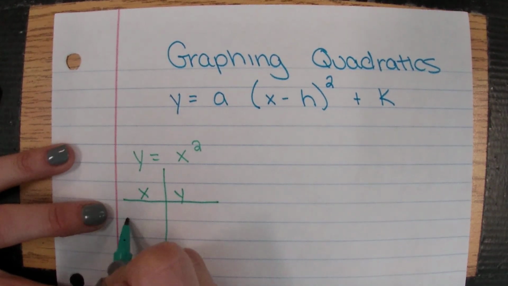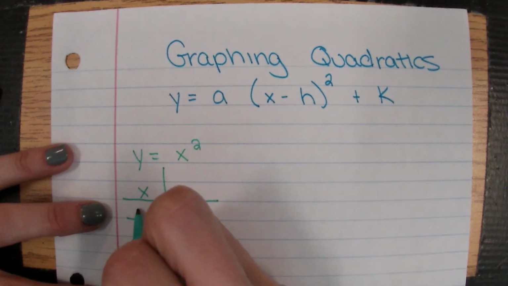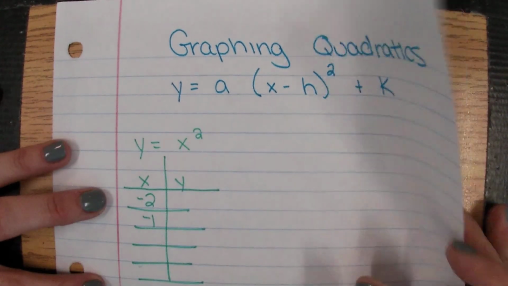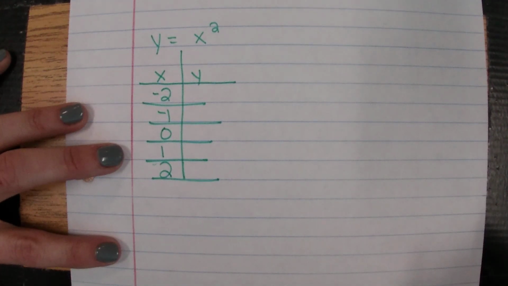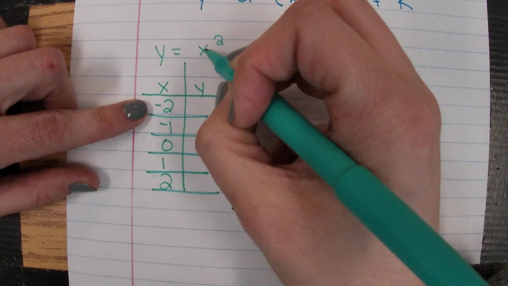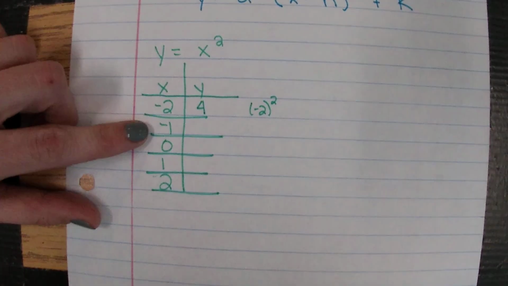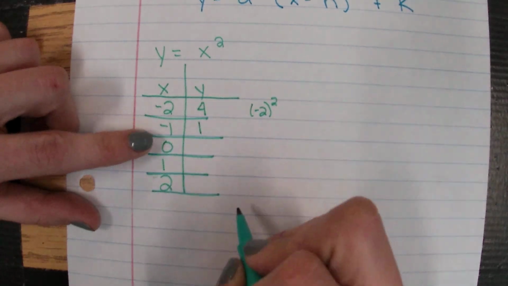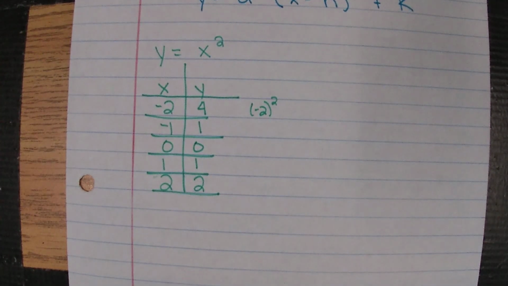I'll make my table a little lower here. Okay, and if I have values of -2, -1, 0, 1, and 2. Okay, plugging in those values says take -2 and square it, right? So -2 squared is 4. -1 squared is 1, 0 squared is 0, and so forth, right?